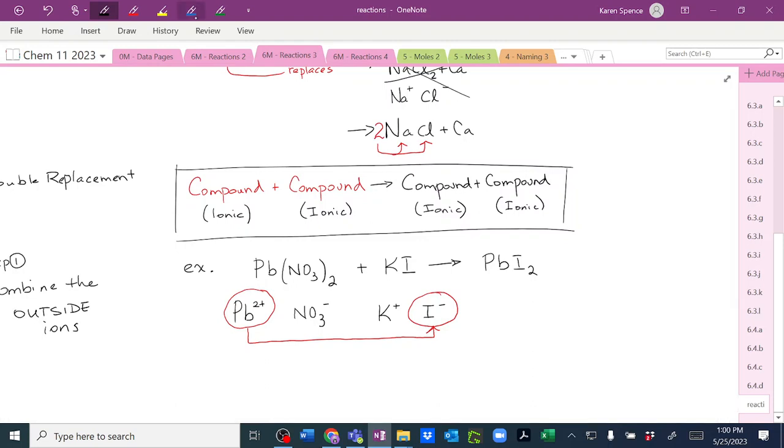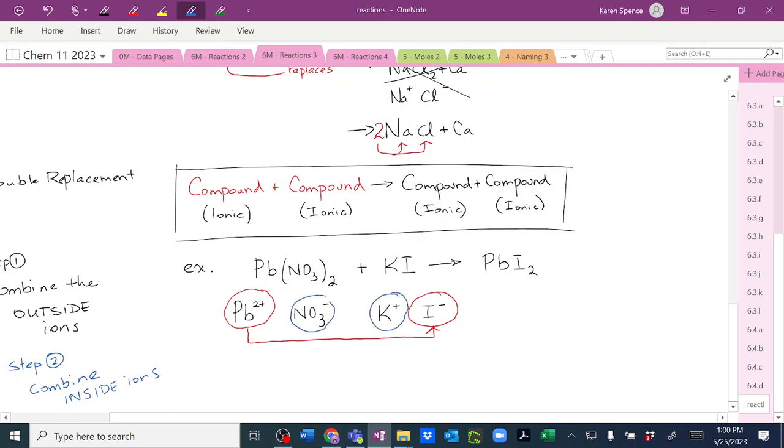Now we're going to do our step 2, combine the inside ions. And instead of going forward from left to right, we're going to go backward from right to left.